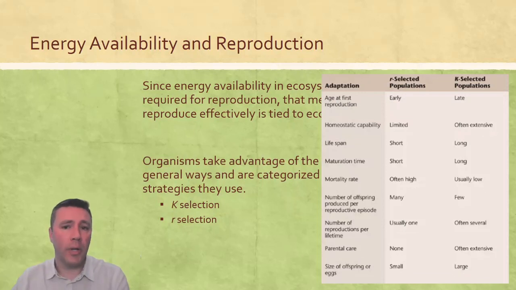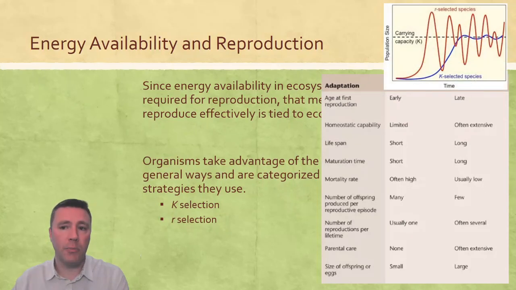So how does this relate to population sizes and energy use? R-selected species tend to reproduce very, very fast when there are times of food abundance. K-selected species tend to reproduce moderately but consistently and aren't as affected by changes in environmental food availability. So what would the population growth look like for an R-selected species?